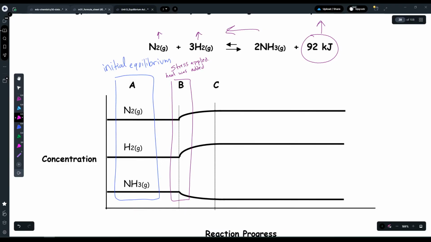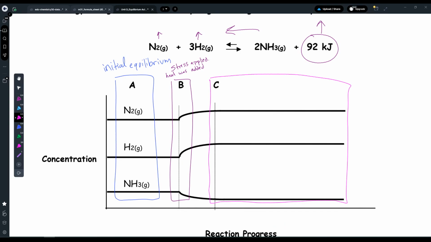And now at point C and onwards, we have this new equilibrium being established. Remember, whenever the lines in your graph are parallel, that means that your system is at equilibrium. Okay, so right at point C is right when they begin to be parallel.